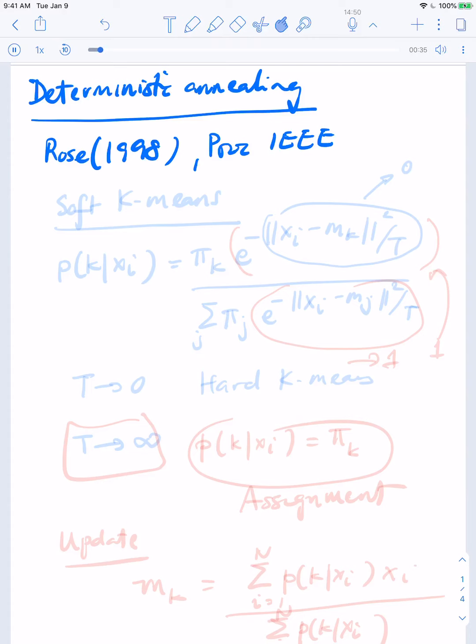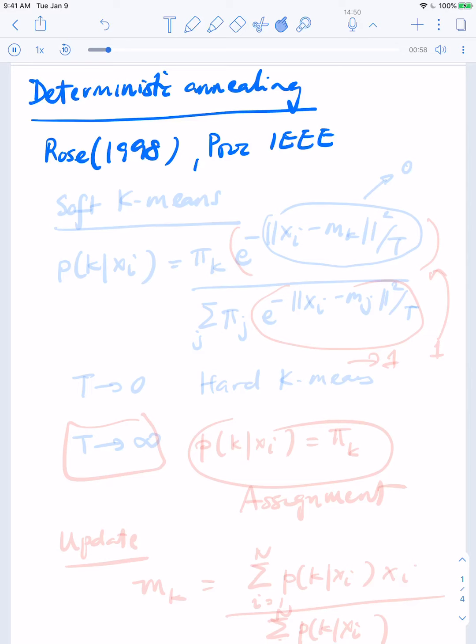What's the core idea? If you look at a clustering problem like k-means, we know that all we can really do is a greedy approach of alternating optimization, and you go to a local minimum of the cost function.